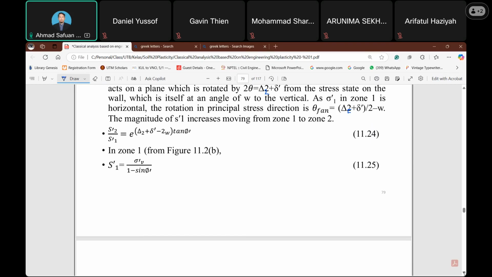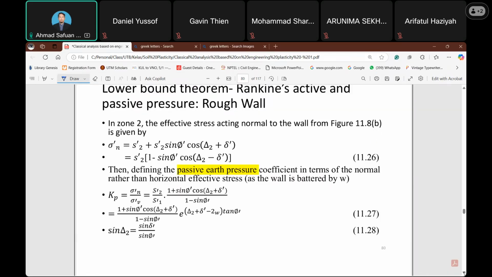So this is the procedure to determine the active or passive earth pressure for a given wall. The following procedure should be followed. First, find the vertical effective stress in zone 1. Determine delta 2 in these equations.